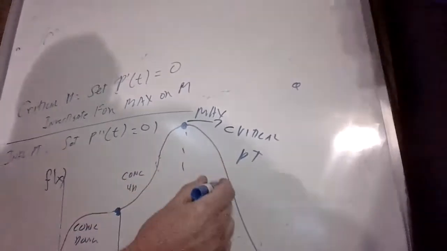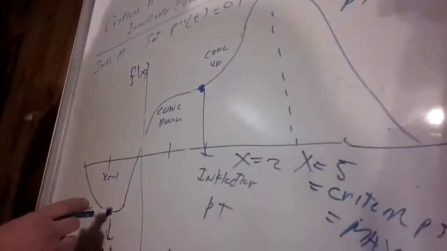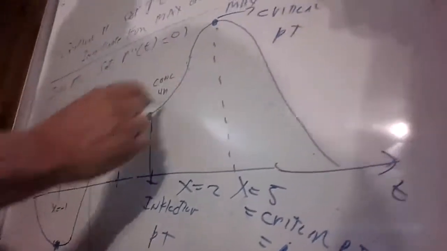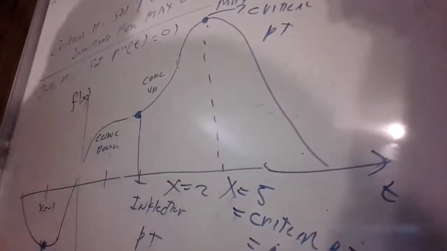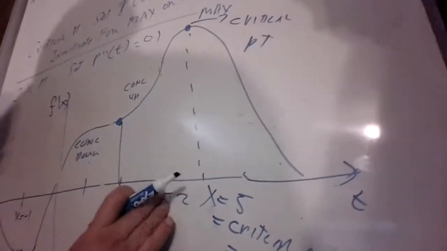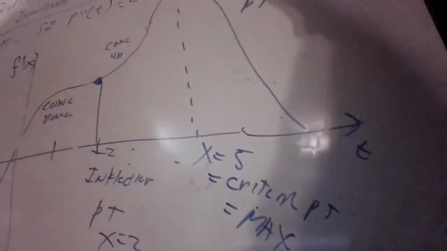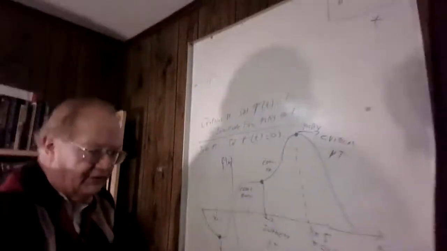It's changing here from the slope going up being positive to the slope being negative, first derivative. Here, from the slope being negative to the slope being positive. Here, you're not getting too much with the slope, but you're getting a concave down, concave up. That's your point of inflection. In this case, your point of inflection was x equal 2. Okay, that's the difference between critical and inflection points.